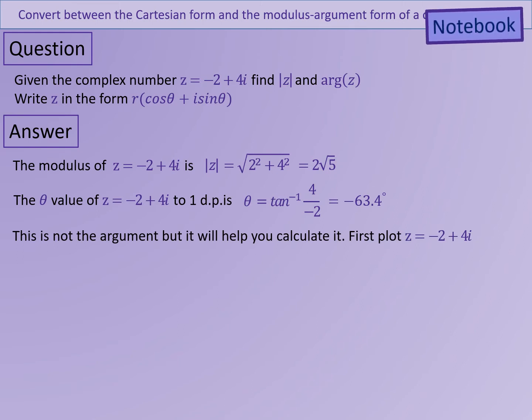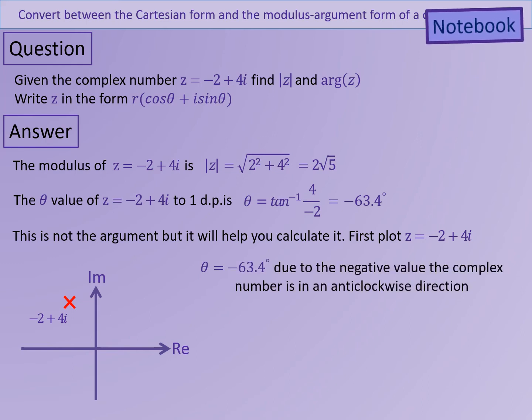So if we were to plot z equals minus 2 plus 4i on the real and the imaginary axis, that point would go up in the top left quadrant. Now we know that the argument is always measured from the positive real axis, which is here, and it always goes anti-clockwise.